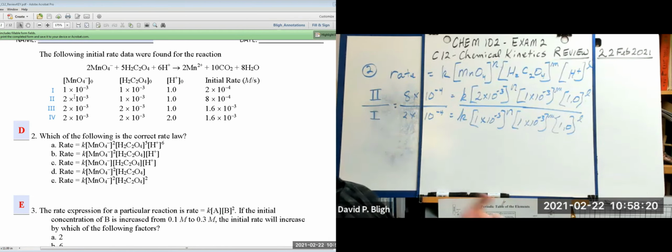Consider the reaction. 2 ozones yields 3 oxygens. And here's the proposed mechanism. All right, so the overall reaction is 2 ozones yields 3 oxygens. And we discussed that a little bit at the end of the lecture, when we were talking about catalyzing these reactions in the upper atmosphere, destruction of ozone.